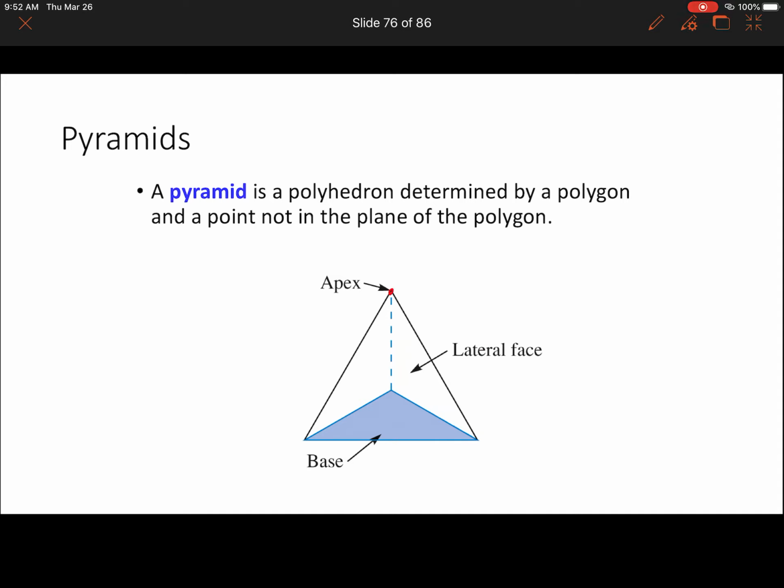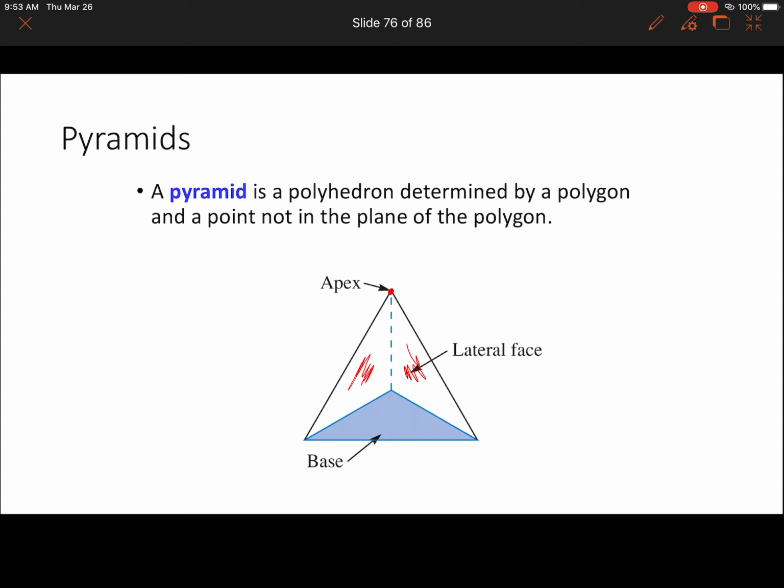So a pyramid is a polyhedron determined by a polygon, that is going to be a base, and a point that is not in that plane, this point at the top in this example, that we call the apex. And this apex is the point where all your sides intersect.